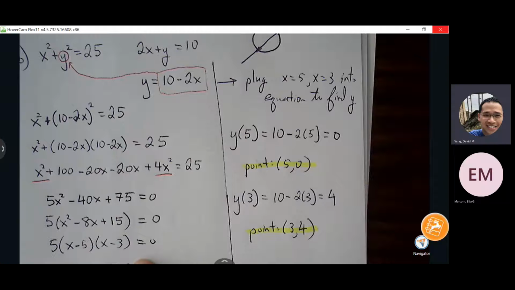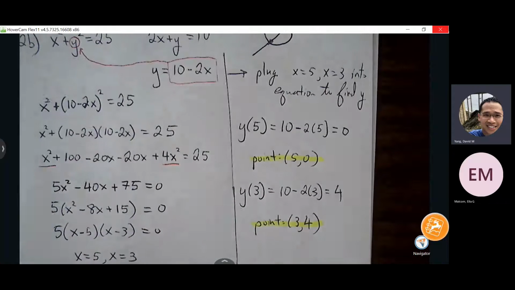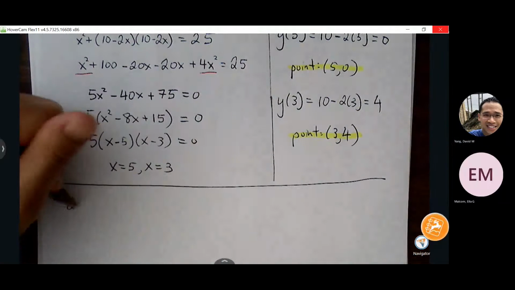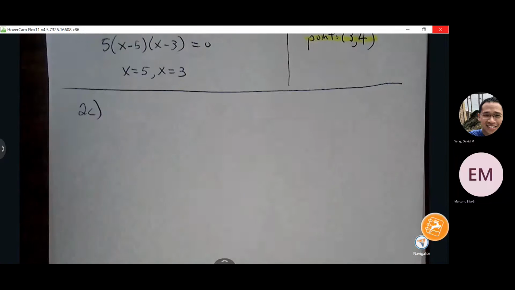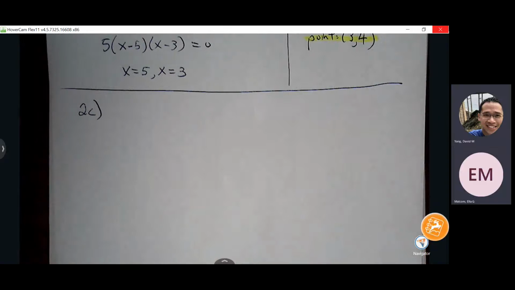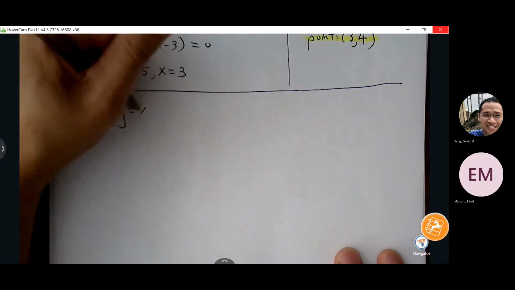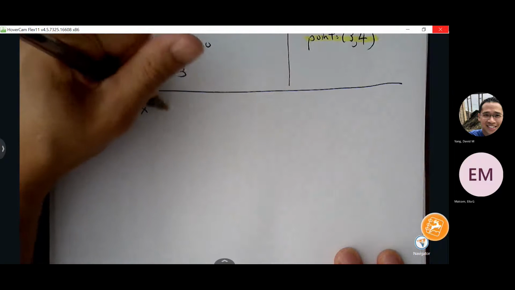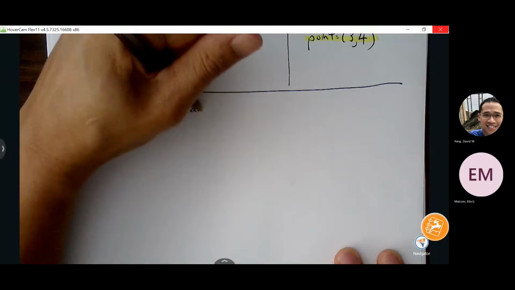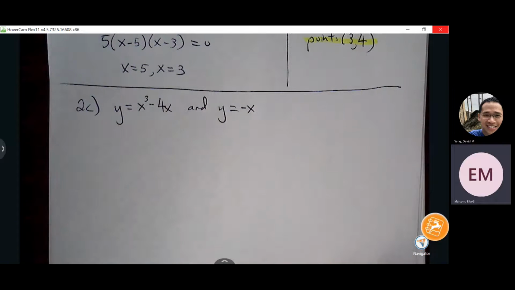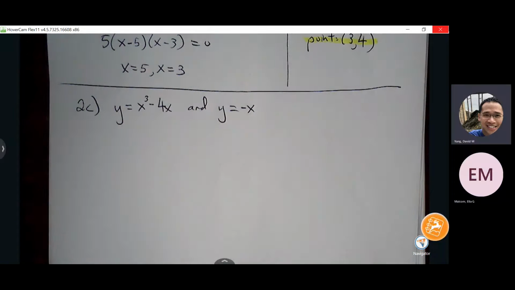Algebraically, C and D are also very helpful to go through as well. So C: y equals x cubed minus 4x, y equals negative x. Just find the points of intersection.